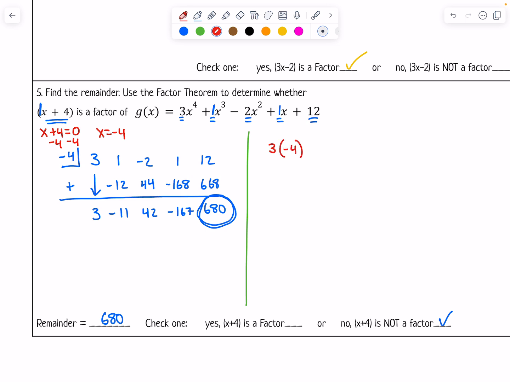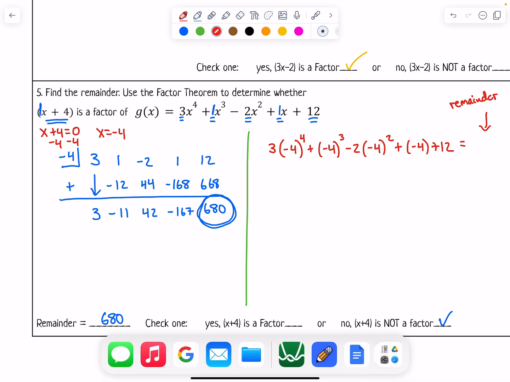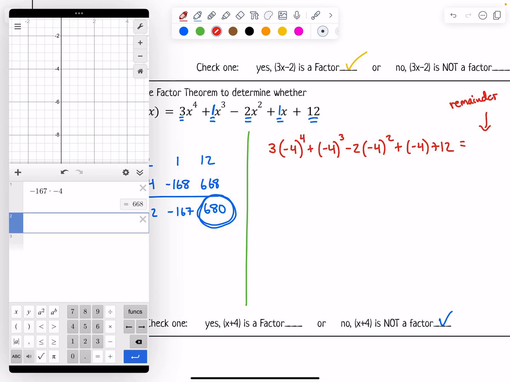So I'm going to plug in 3 times negative 4 to the 4th power plus negative 4 cubed minus 2 times negative 4 squared plus negative 4 plus 12. And then what you get from all of that, and we're just going to type it in the calculator, is the remainder. So it should match what we already found with synthetic division. But it's just another way you can solve this problem.